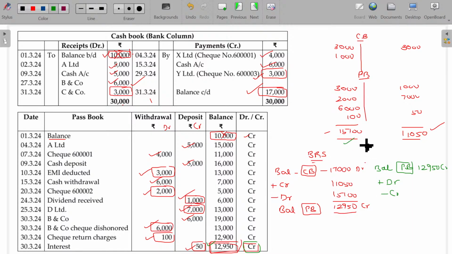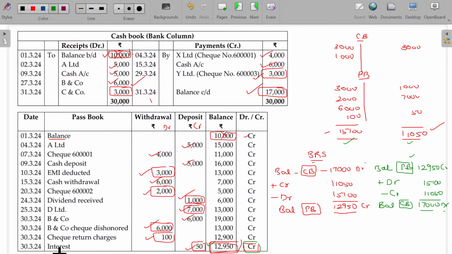What is the total of the debit side value? 1500 is added. Same side value 11,050 is subtracted. Then the ultimate value you will get here is 17,000. What balance is it? If I start with the passbook balance, you will get the cash book balance. If you start with the credit balance, then you end with the debit balance.